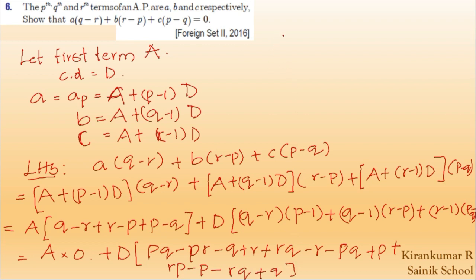So what do we get? We get D times (pq minus pr plus qr minus qp plus rp minus rq). The rest of the things like minus p plus p get cancelled. Minus q plus q will get cancelled.